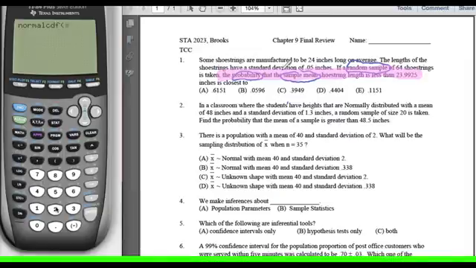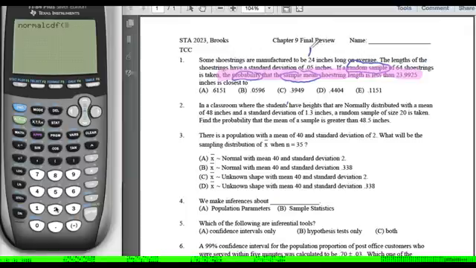And I get to use the normal distribution in this case because the central limit theorem for means is met. I have a random sample. My sample size of 64 is larger than 25. As well, I have mu, the population mean.